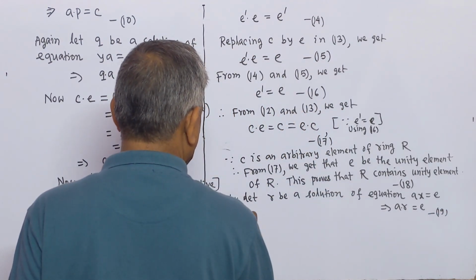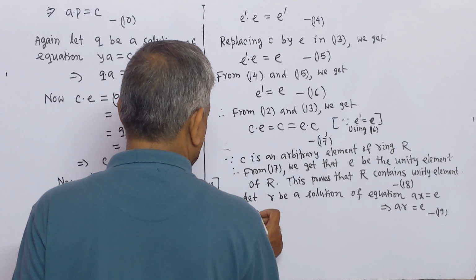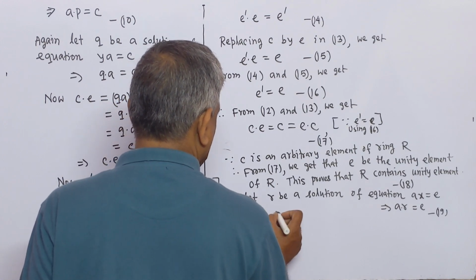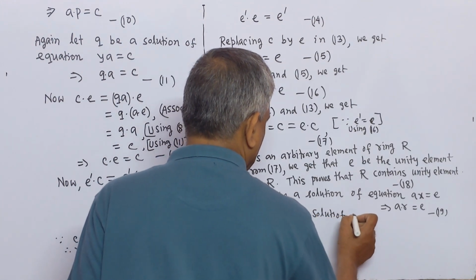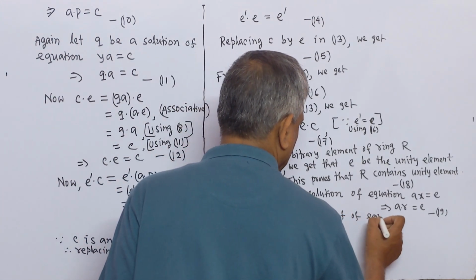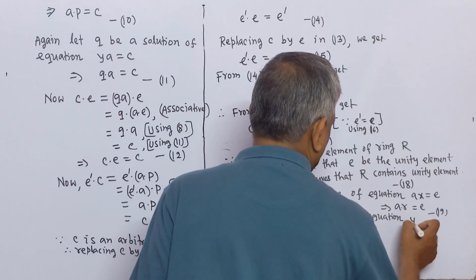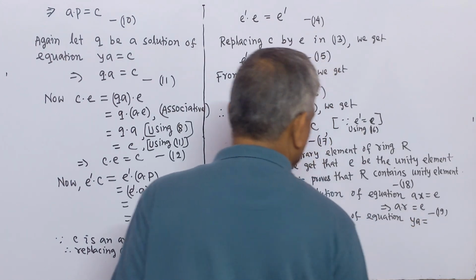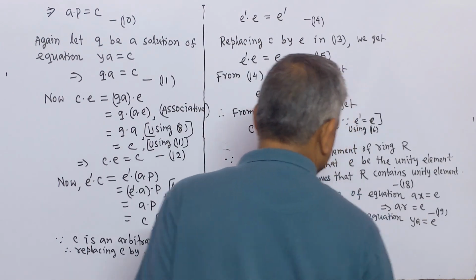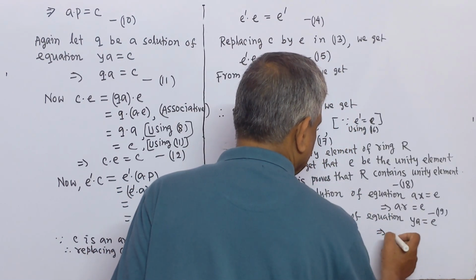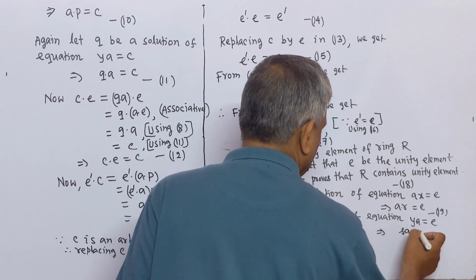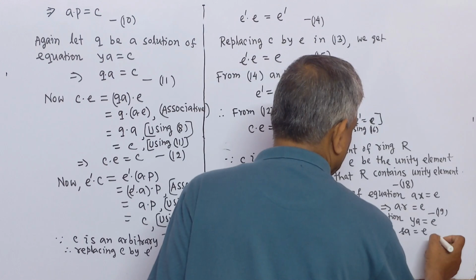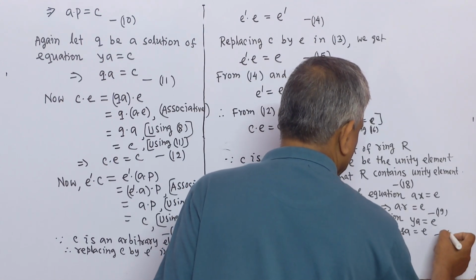Again, let S be a solution of equation YA equal to identity element. Implies that SA equal to identity element, means unity element. This is number 20.